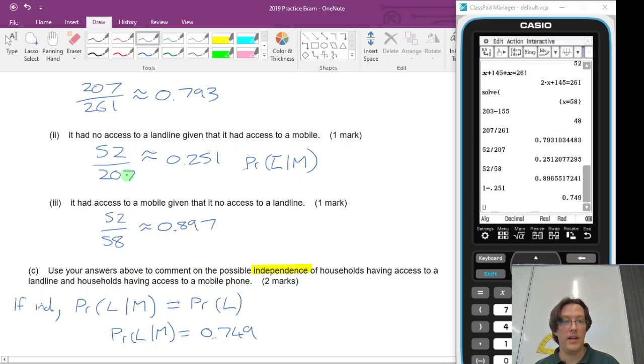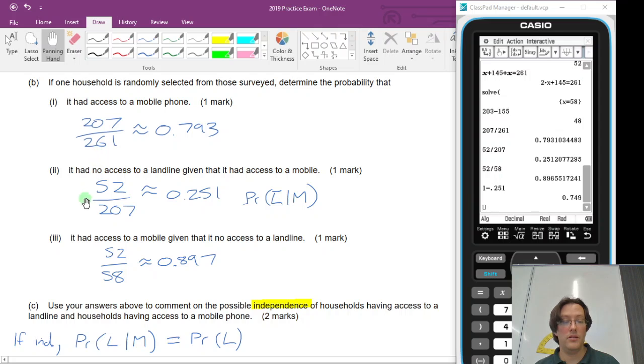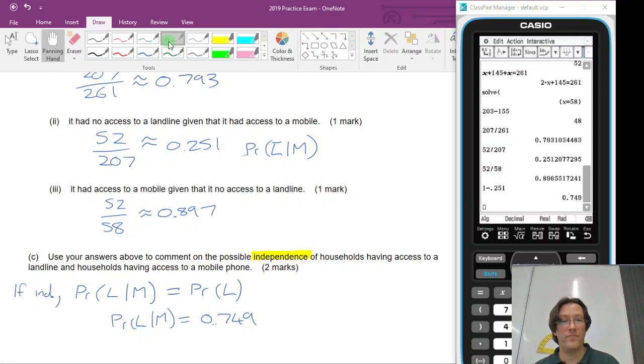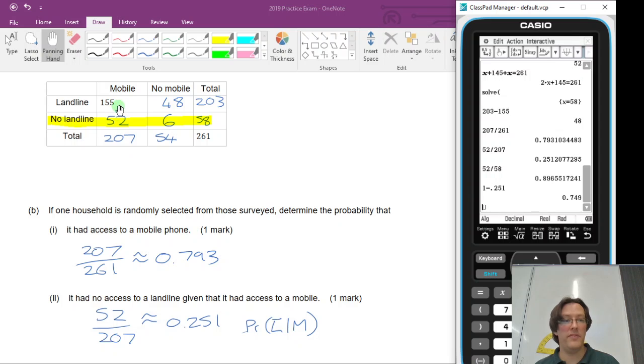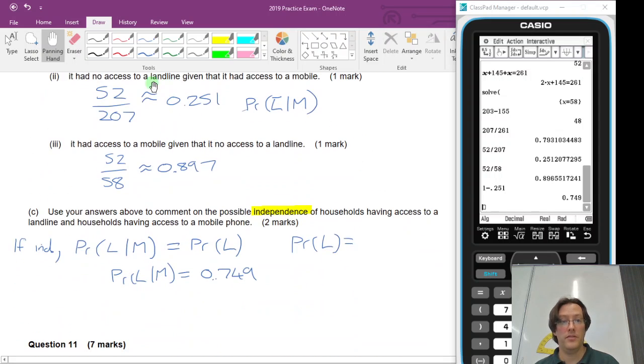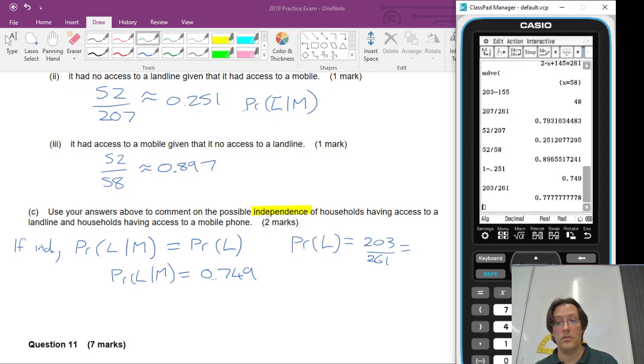So what's the probability of having a landline? Is, just a sec, probability of having a landline is 203 over 261. Equals 0.778.